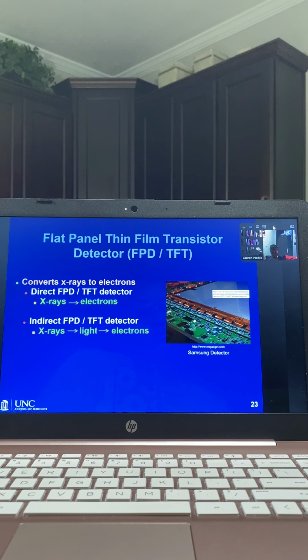So it's all electronics, and that's one reason why if you drop it and it breaks, it's very expensive. With our PSP plate inside of that cassette, if we drop that cassette, you of course don't want to do that, but if we drop the cassette and the cassette breaks, maybe it's a couple hundred dollars to replace the cassette because maybe the latch or something like that would break.